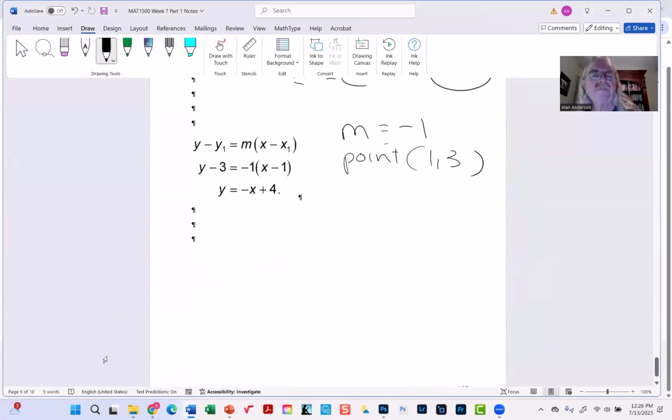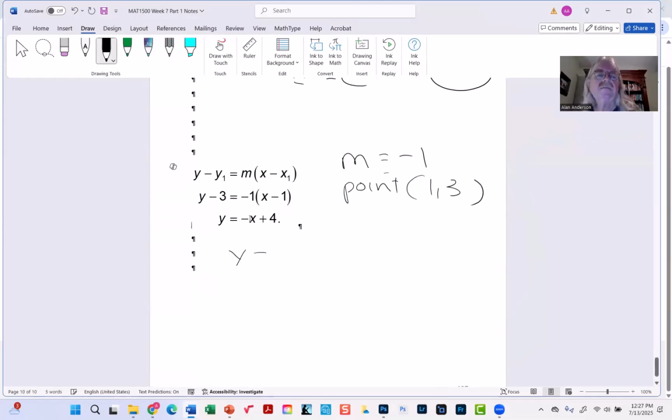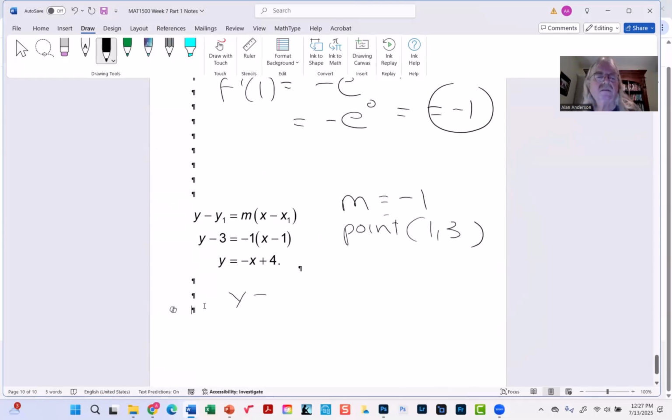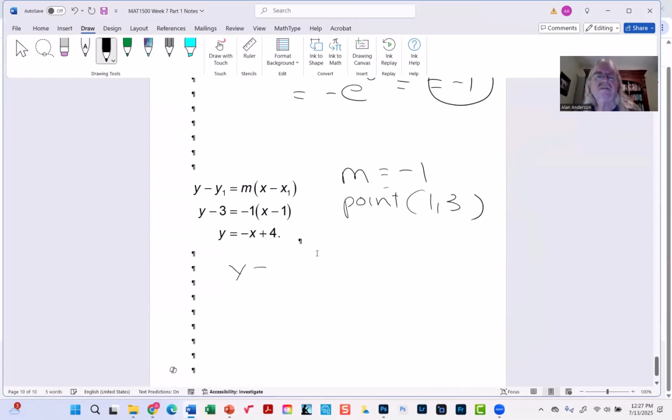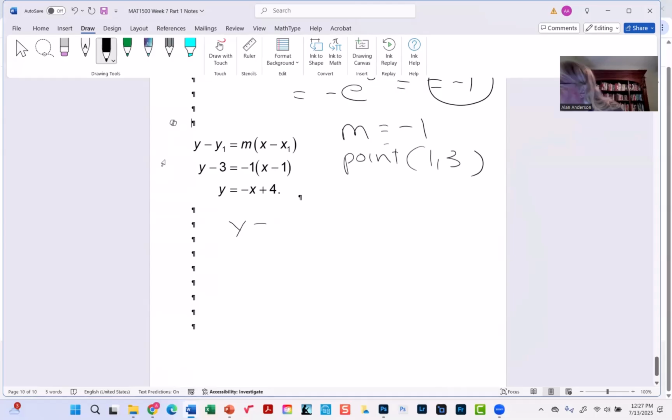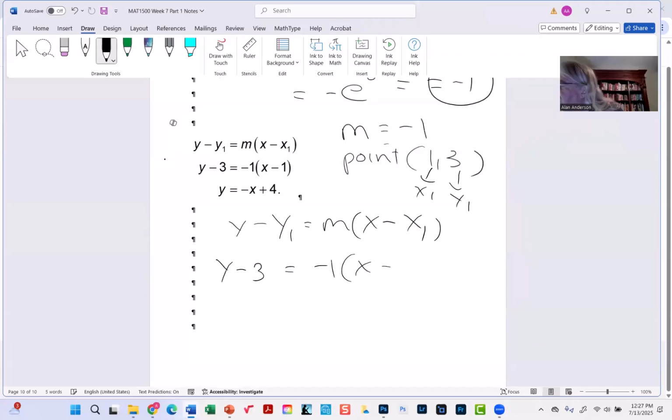And so it's easy to find this equation. Okay, so you might remember this from the very, very beginning of pre-calc. y minus y1 is m times x minus x1. This would be our x1. This is y1. So we have y minus 3 equals negative 1 times x minus 1.